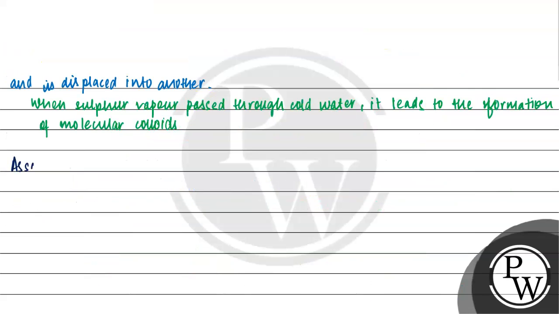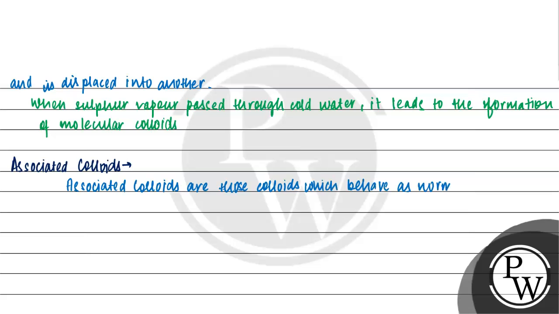We know that associated colloids are those colloids which behave as normal strong electrolyte at low concentrations but exhibit colloidal properties at higher concentration.